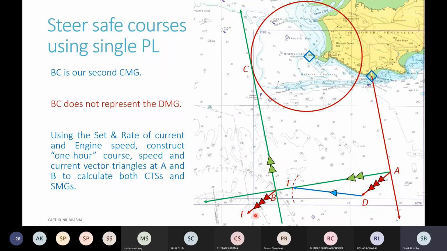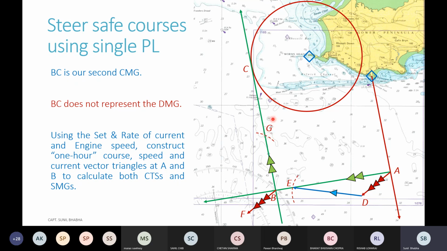Now we open up our compass equal to our engine distance of 1 hour. Keep the compass centered at point F and draw an arc so that it cuts line BC. You can see this arc drawn here, cutting line BC at a particular point.